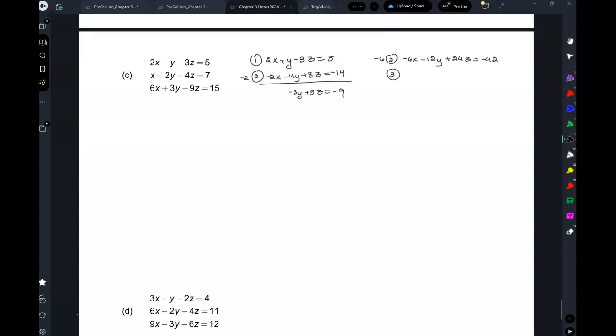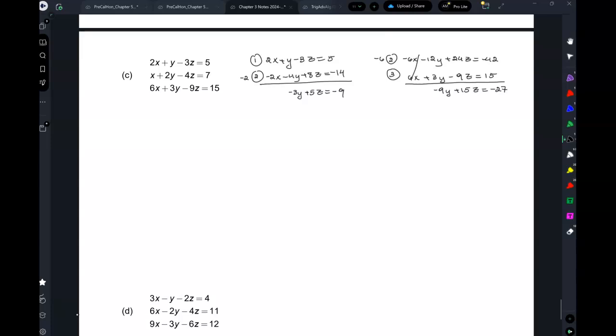What are we trying to get rid of, x or y? Okay, so let's add, and then we'll meet again when we finish this step.